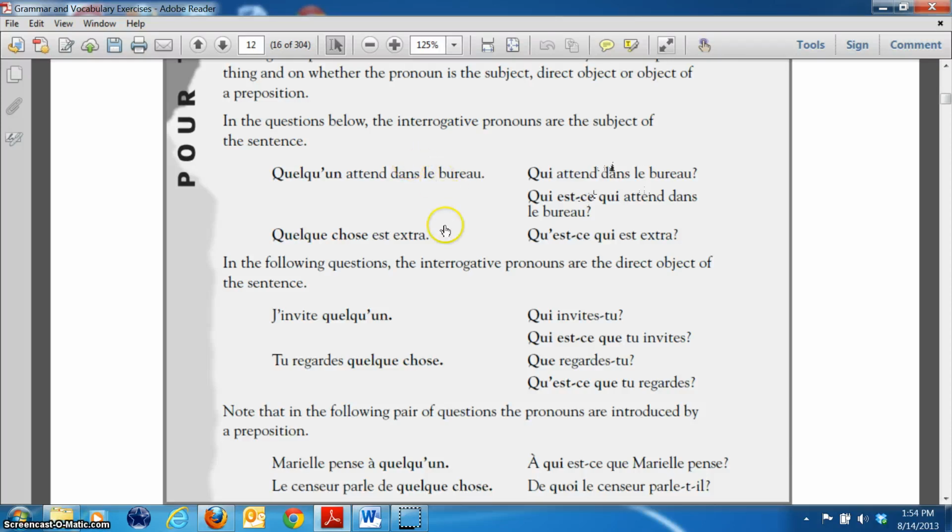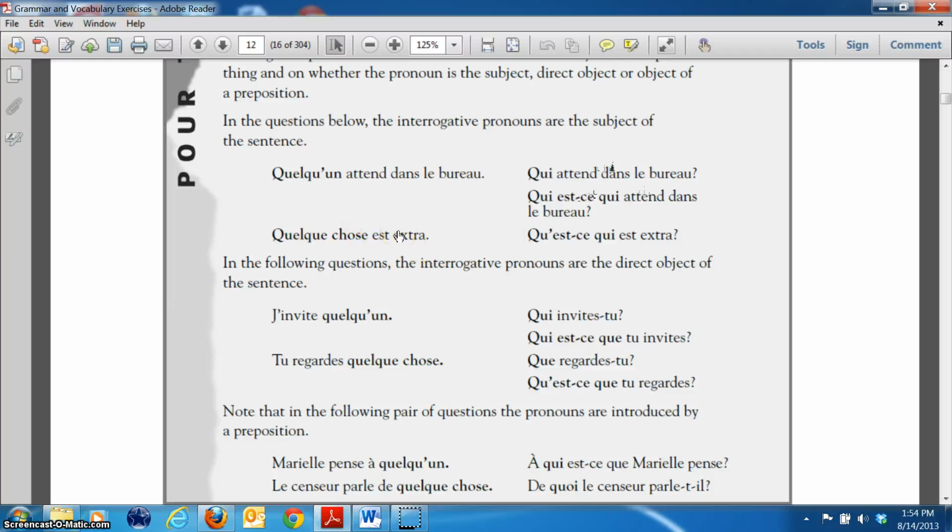But que has to have a subject after it, so either a person's name or a you, he, she, and then the verb. So it's saying, who do you invite? And then the person would answer back with, I invite Sophie. J'invite Sophie. So Sophie would have been that qui.